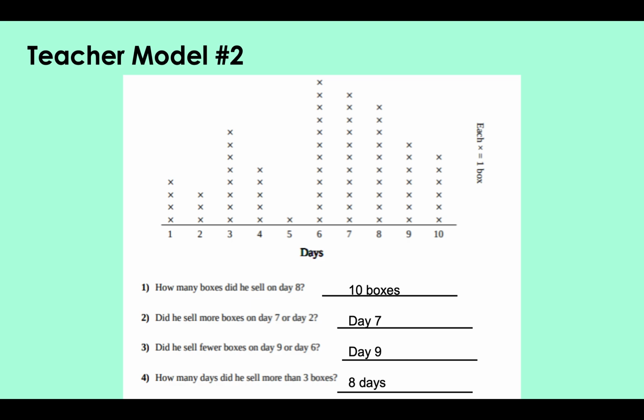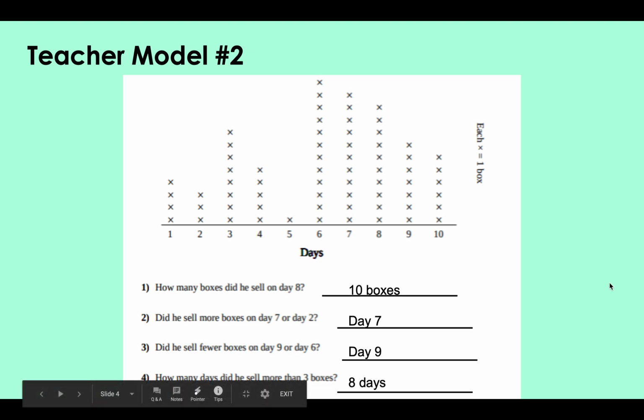So I'm starting at number 1, and I see that on day 1 they sold more than 3. I can't count day 2 because they only sold 3. Day 3 has more than 3, day 4 has more than 3, day 6, day 7, day 8, day 9, and day 10 have more than 3 boxes sold. So altogether, there were 8 days that he sold more than 3 boxes.